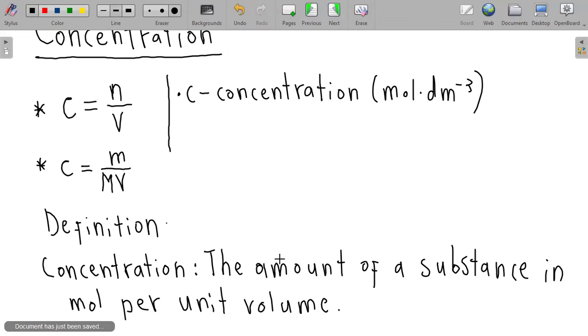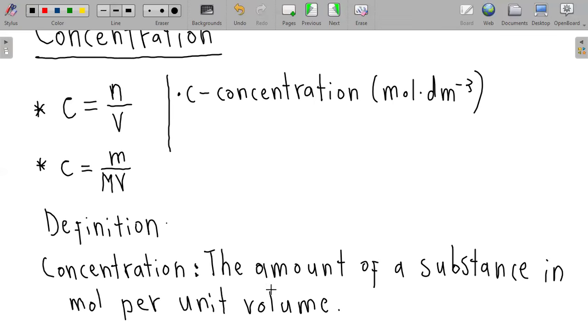Or you can use any other suitable definition. It's not a problem.